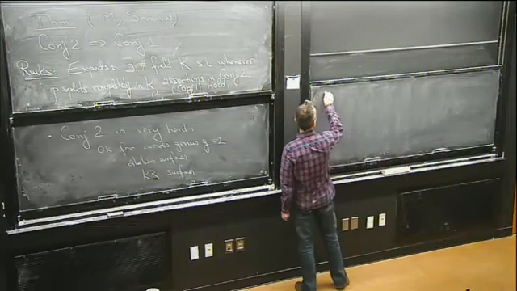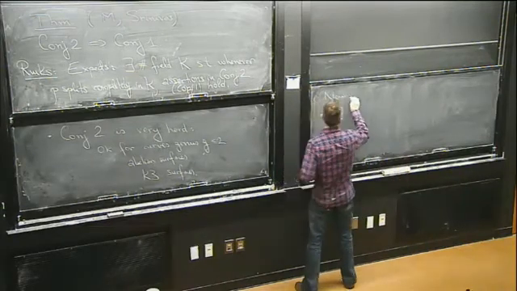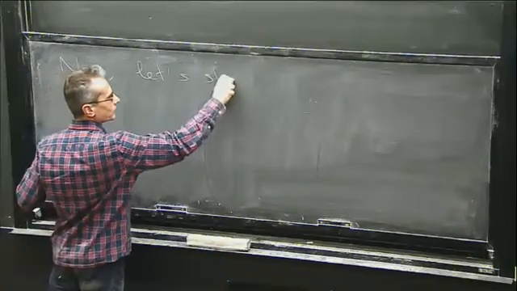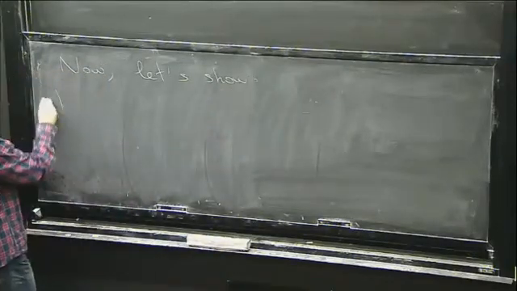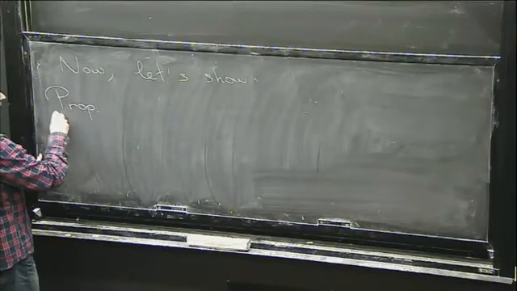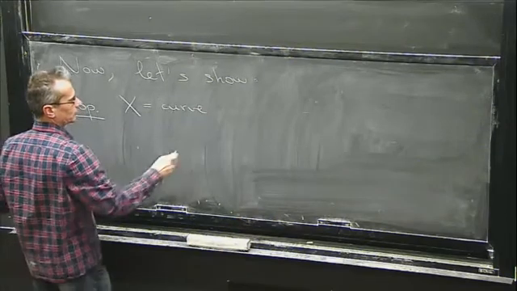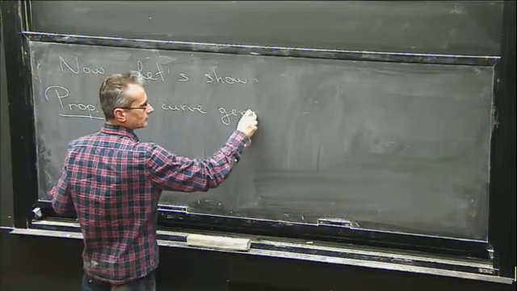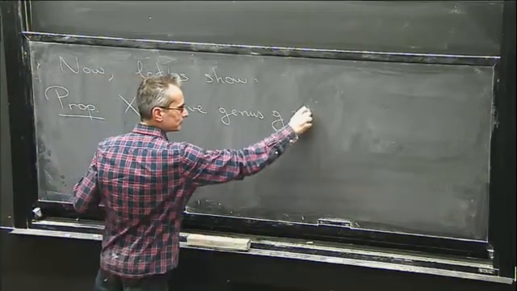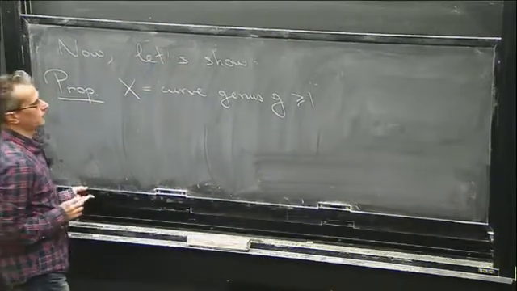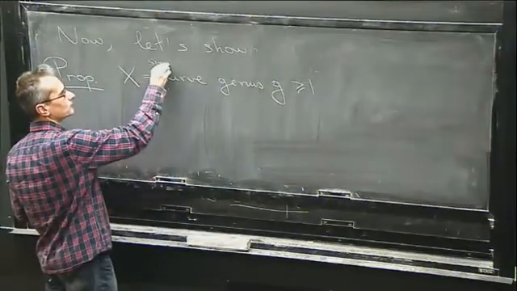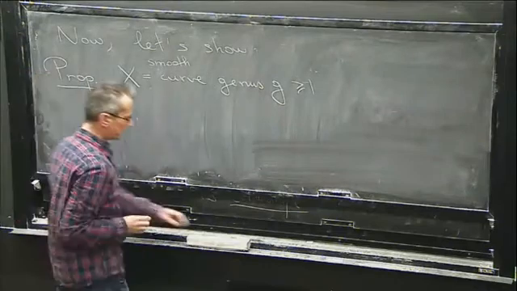All right, so now let's prove the following. Let's say that X is a curve of genus g at least 1. Of course, a smooth curve. I guess my previous notation was Y, but anyway.